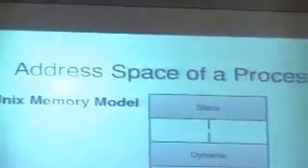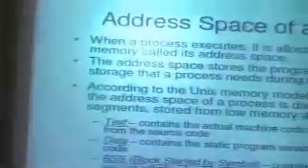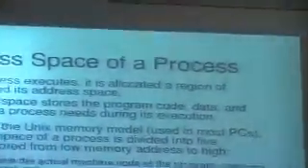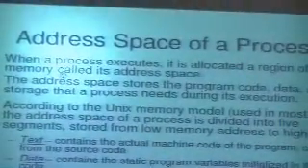Okay, so the first part should be quite straightforward. You have seen this in architecture and operating systems. This kind of diagram is something familiar, right? As I said, the address space of a process is basically the region of memory allocated to a process when it is running.